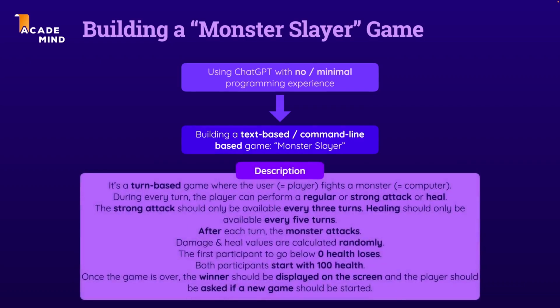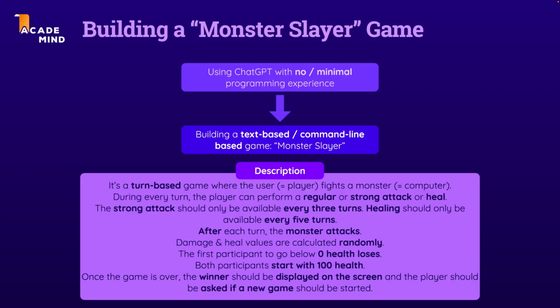Now here's the description of the game we're about to build. It's a turn-based game where the user, so the player, fights a monster, played by the computer, and during every turn, the player can either perform a regular attack or a strong attack or heal themselves.